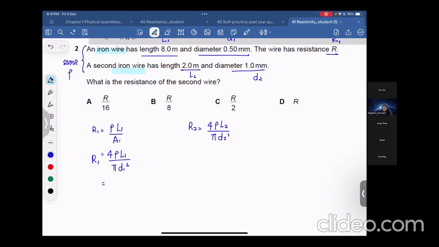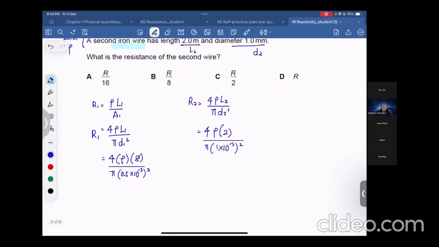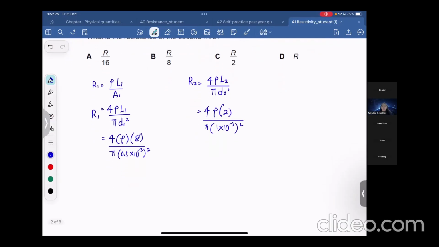For the first one, R1, 4 rho, we don't know, L1 is 8 divided by pi times 0.5 times 10 to the power of negative 3, squared, not cube. This one, R2, is 4 rho, L2 is 2, divided by pi times 1 times 10 to the power of negative 3, squared.